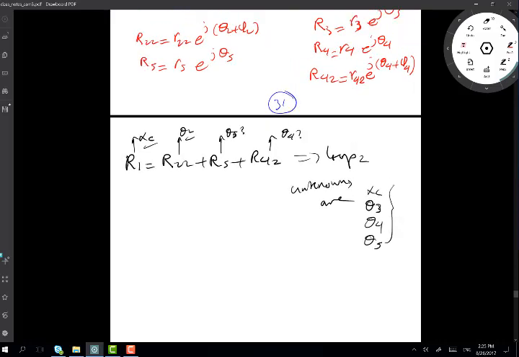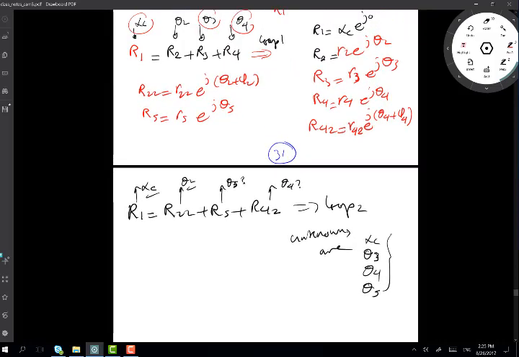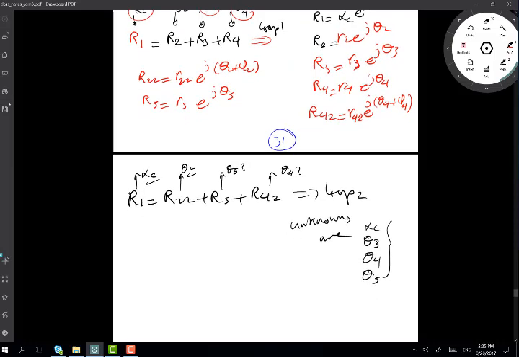So the first one here: R1, I'll just write x1 e^(j0), is equal to r2 e^(jθ2) plus r3 e^(jθ3) plus r4 e^(jθ4).